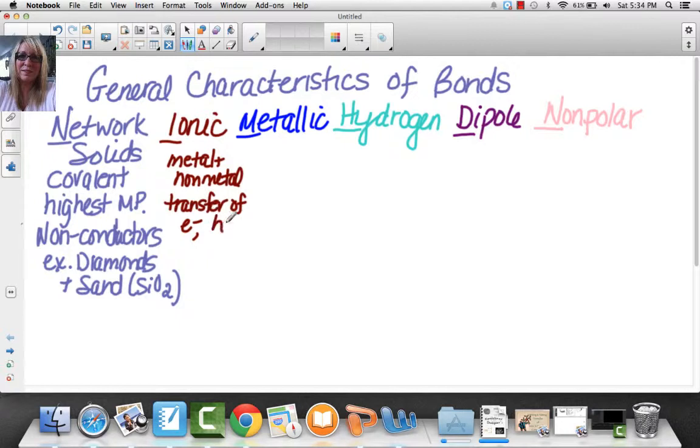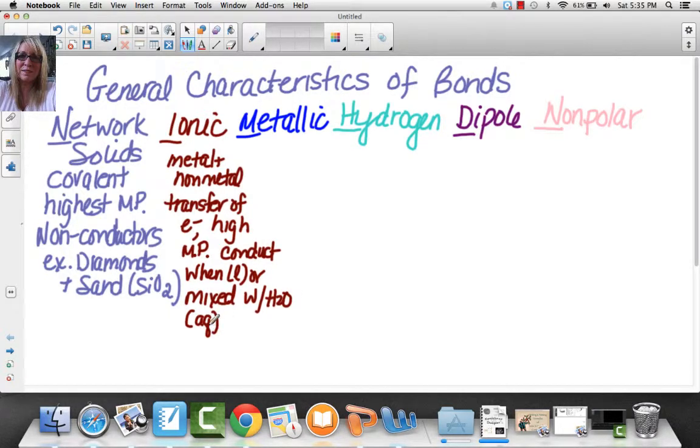They have high melting points, not as high as the network solids, but still pretty high melting points. And they conduct when liquid or mixed with water. And we refer to that as aqueous.